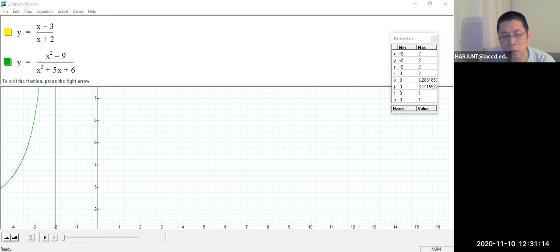So the hole is located at (-3, 6). Remember that they both have the same graph, except at that one hole. We know it happens at x equals -3. Now we know the y. The y is 6, confirmed by our computation.